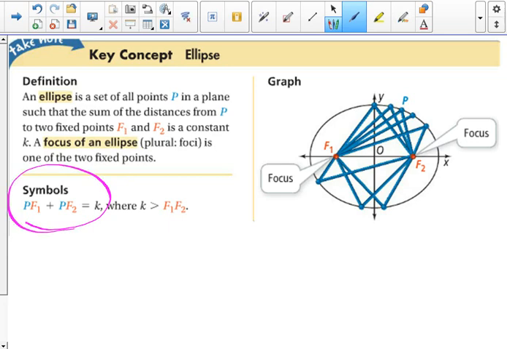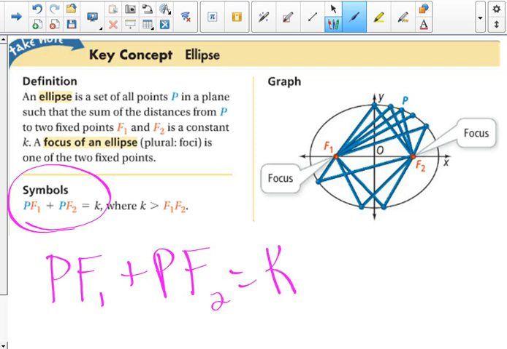So we're going to have P, and notice that these are capitals, F sub 1 plus P F sub 2 equal K. And then they go on to say where K is greater than F1 times F2. Okay? So here's our F1, here's our F2. So these are our focus points.